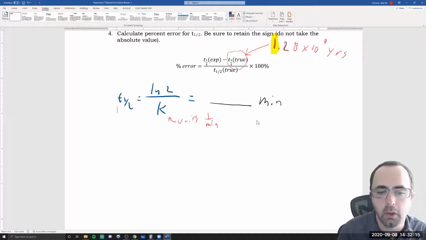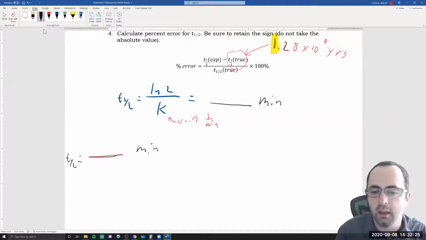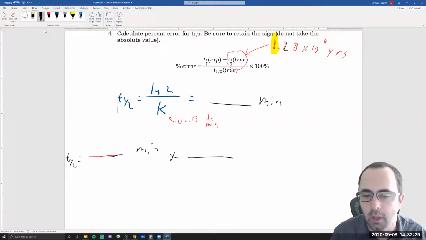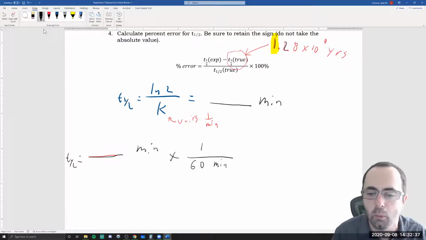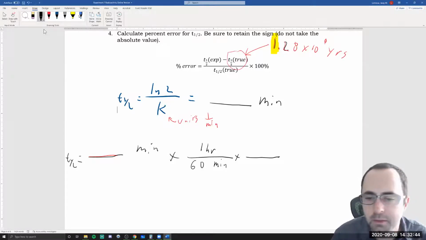So the first step will be to take the blank minutes that we get for the half-life and convert that to years so that we can compare them. We know units of minutes go here. So 60 minutes is 1 hour, so we convert to hours. Then what might we convert to?